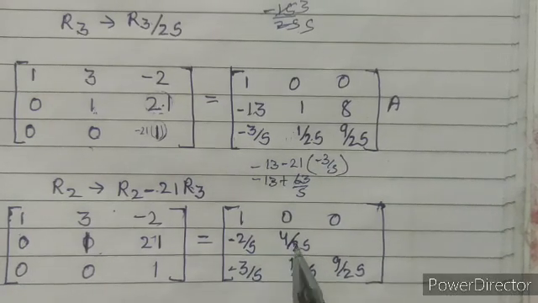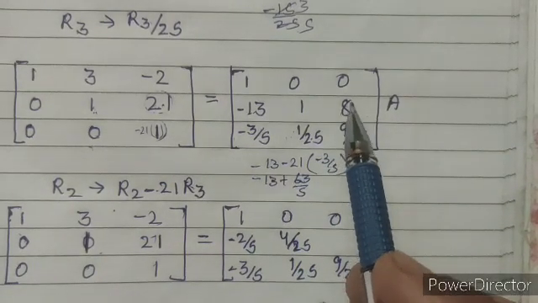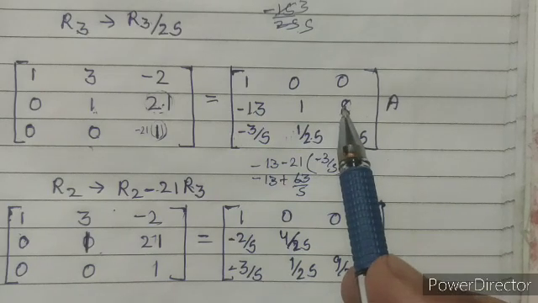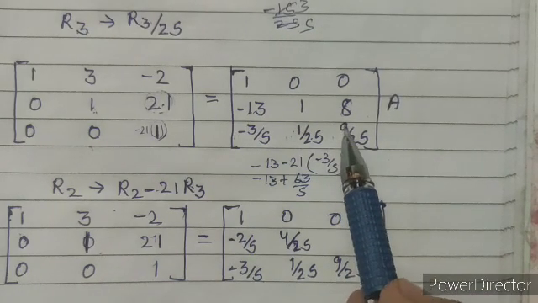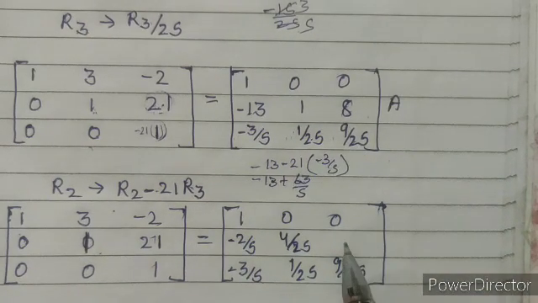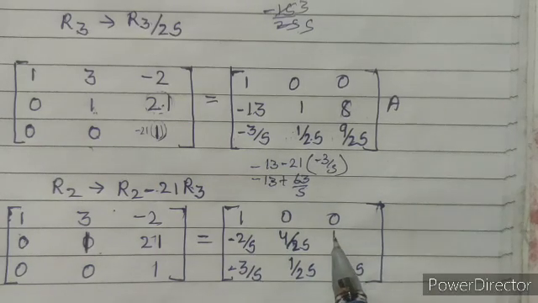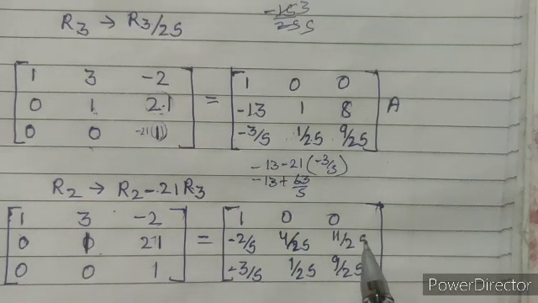Now our last element of the second row is 8. 8 minus 21 into 9 by 25 will give us 11 by 25.